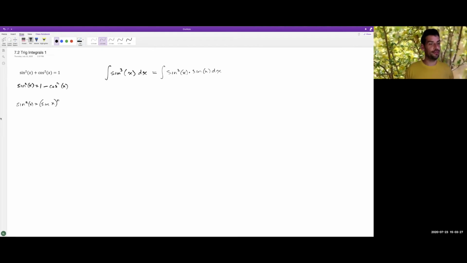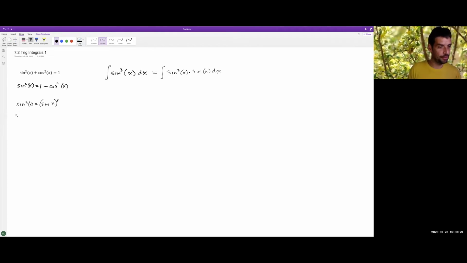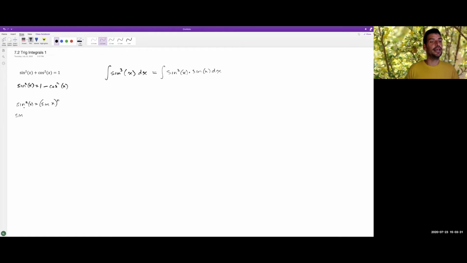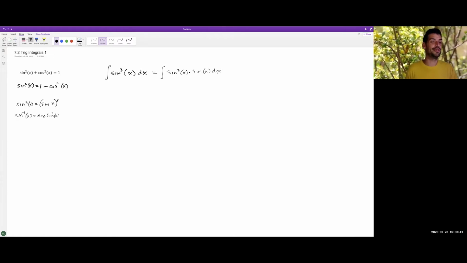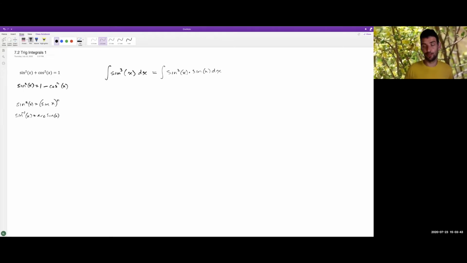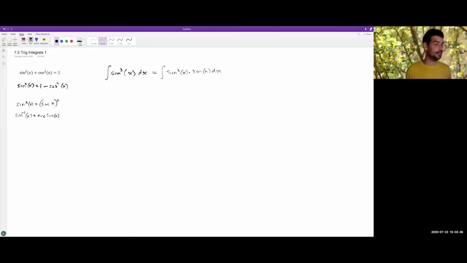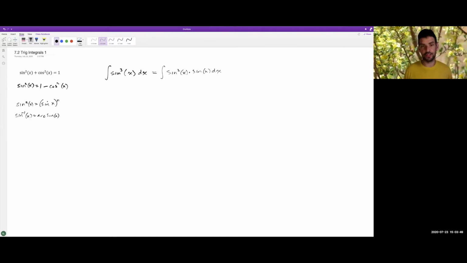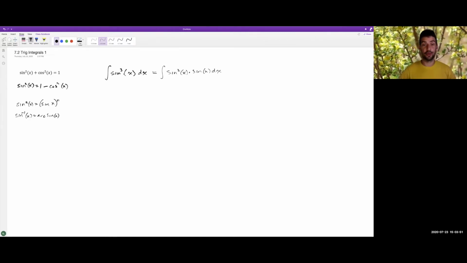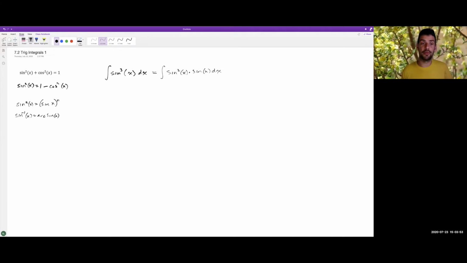Another side note, one of the most horrible abuses of notation: we usually mean sine to the n of x equals this, unless we write sine to the -1, in which case we mean arc sine of x, which is not sine to the -1 power. I know it's terrible, but both are used, and we just have to get used to knowing from context which one we're talking about. Okay, anyways, back to the problem at hand.